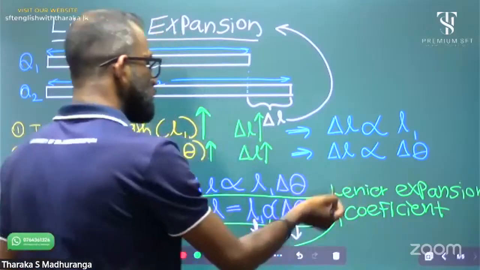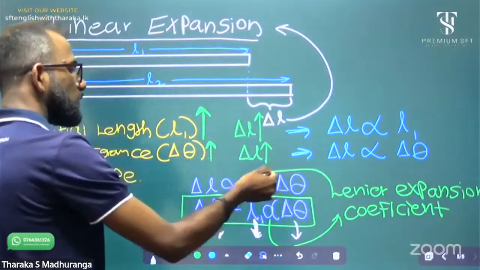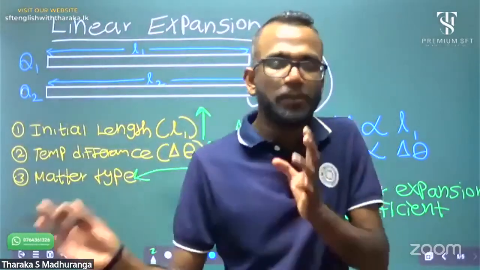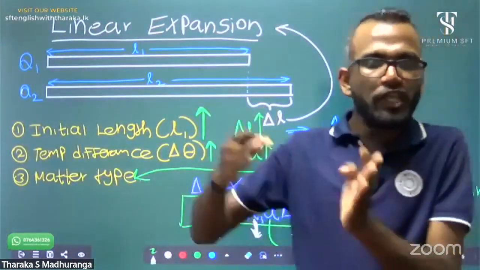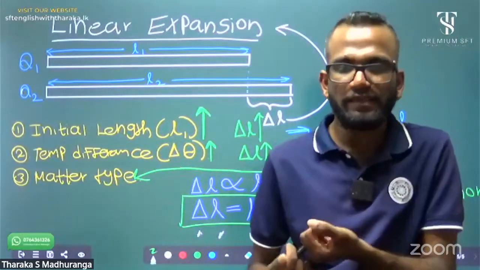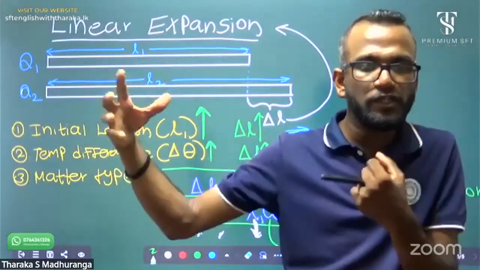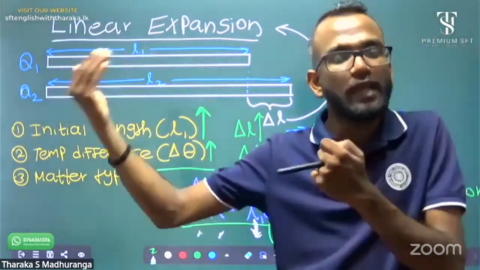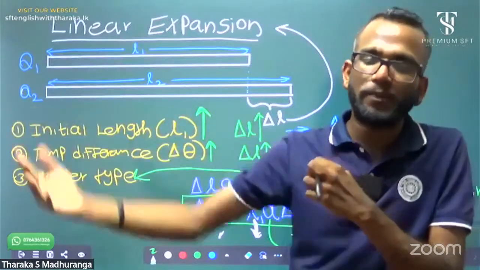The linear expansion coefficient alpha is a constant that depends on the material type. Constant depending on the material type means that if we change the material, this value also changes. For example, copper's linear expansion coefficient is 5 into 10 to the power minus 6. If you have aluminium, it is 6 into 10 to the power minus 6.